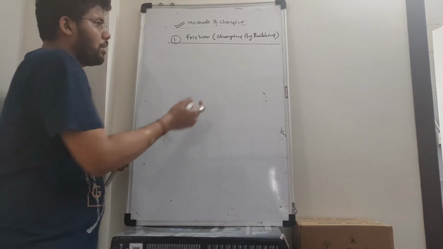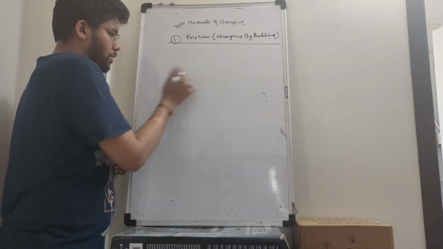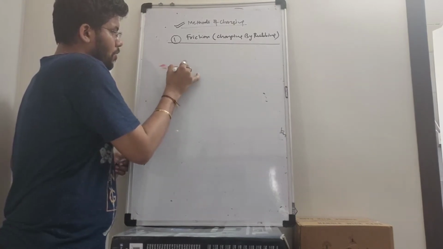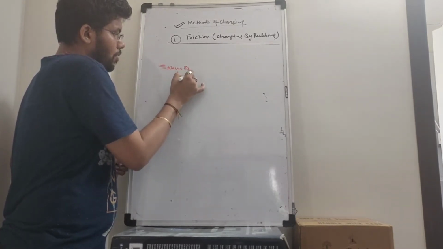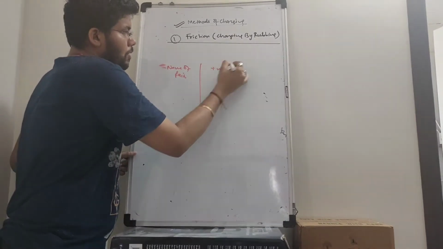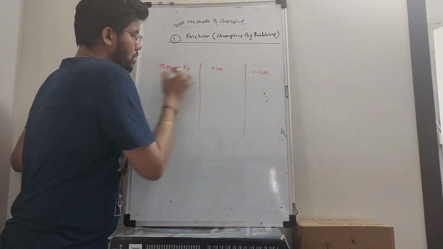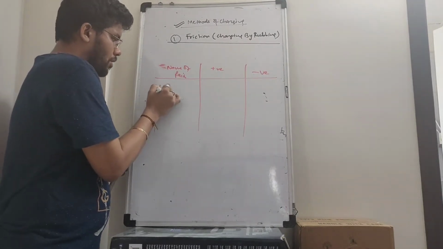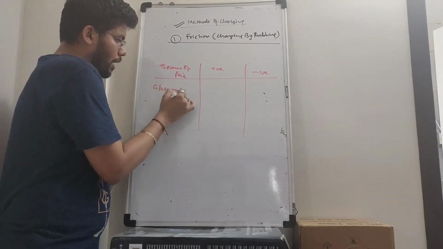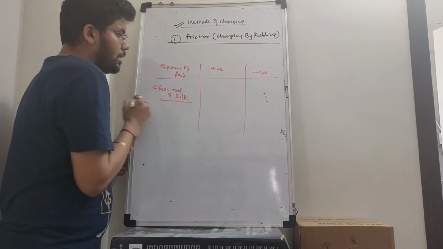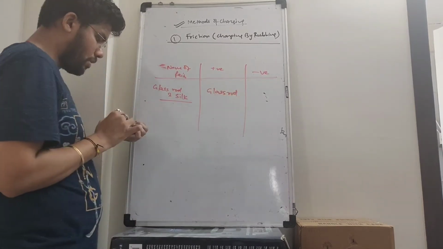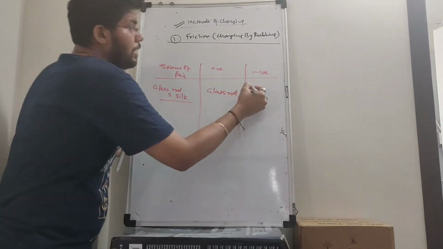So if I am taking certain pairs which rub with each other, the first pair is a glass rod and silk, then the glass rod becomes positively charged and the silk cloth becomes negatively charged.